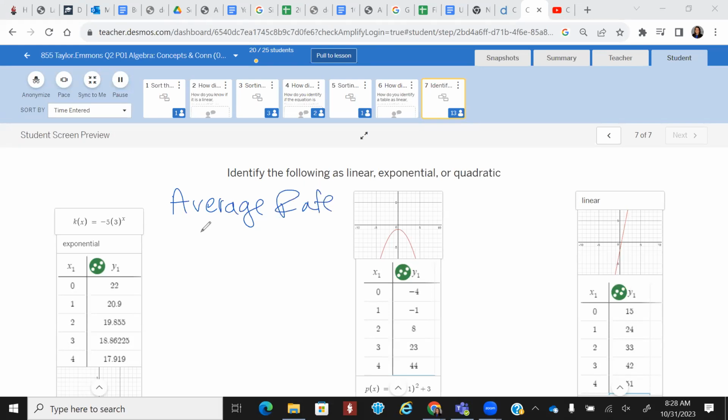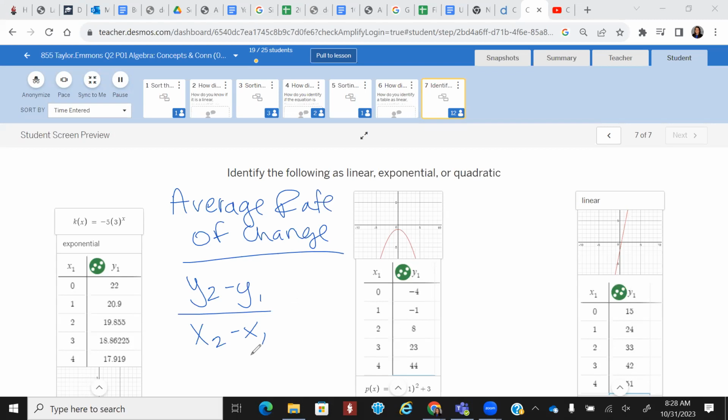Average rate of change. This is like a fancy way of just saying slope. Here's my formula. You have to know the formula. I'm not going to give it to you. Tomorrow is your mastery check.